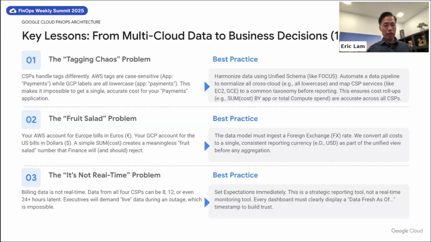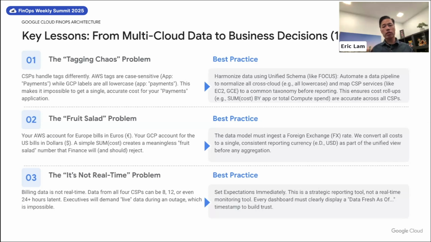The third piece we often hear is that your data, especially your billing data, is not in real time. Even from Google, we have up to 24 hours of latency at most. We've been trying to accelerate that across many of our services so that billing information becomes more and more timely, because that's what our FinOps community is asking us for.